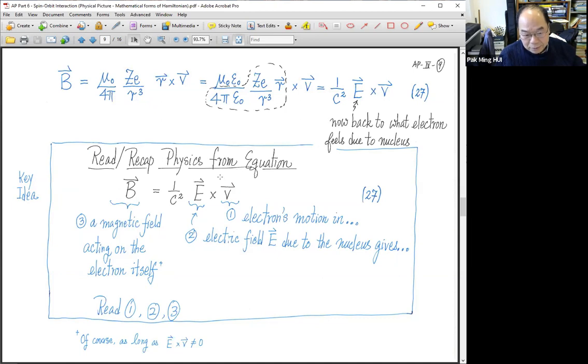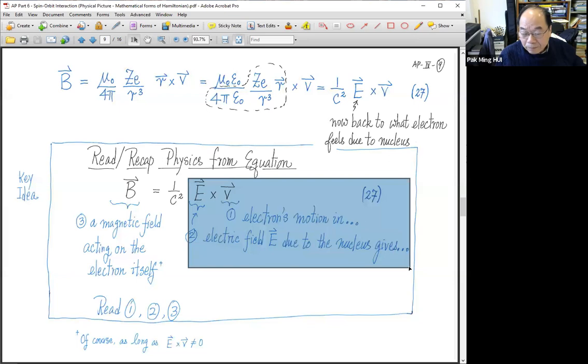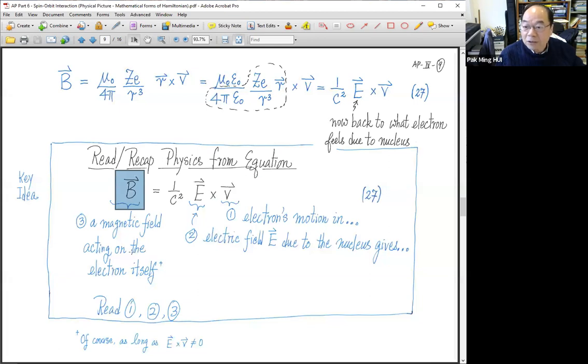It says, it is the electron's motion in the electric field provided by the nucleus that you can interpret as a magnetic field at the position of the electron that it will interact with the electron's spin magnetic dipole moment. All right?